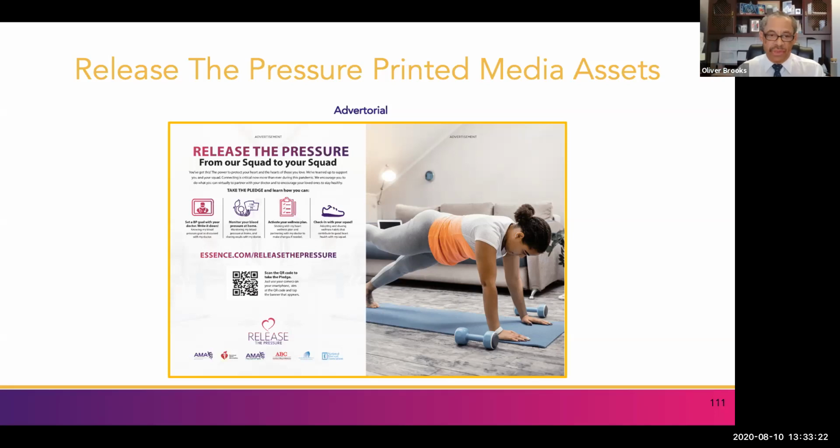So we have the same goals in alignment with the American Heart Association and felt that was important in terms of just having these major organizations working together. So from our squad to your squad, this is showing exercise, check in with your doctor, set your BP goals. So it's going through the pledges. Next slide.